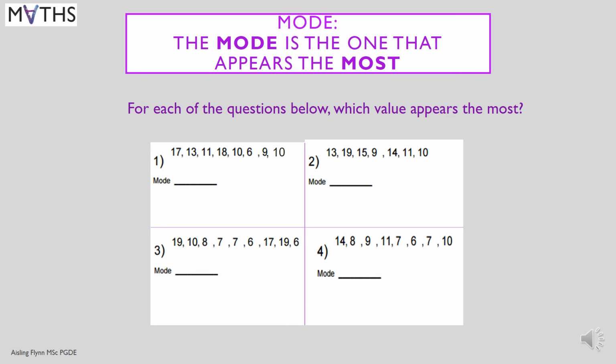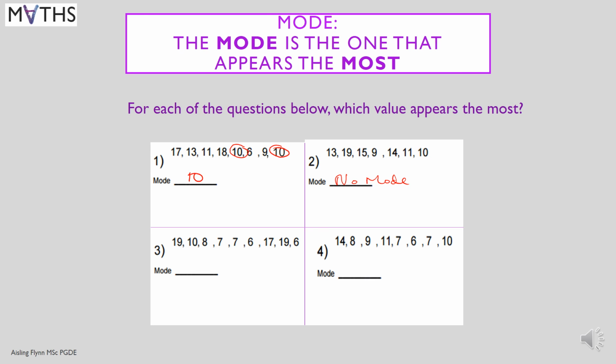Okay, question 1. Alright, I see that 10 is repeated. There are two 10s. So 10 is the mode. Now it may help if you have lots and lots of numbers to rank them like we did with median. And then you can see numbers that are repeated and you can find the mode very, very easily. Okay, now let's look at number 2. There are no numbers that are repeated, so there is no mode.